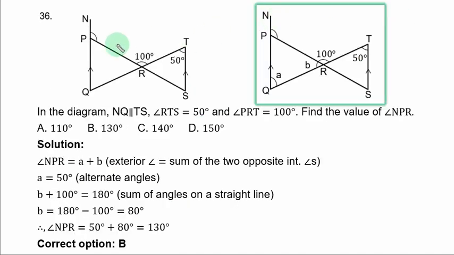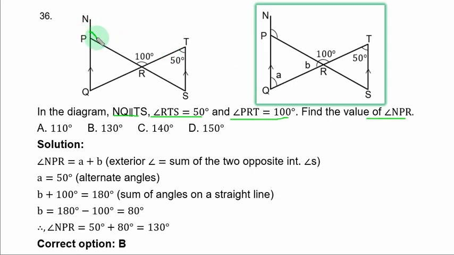Question 36. In the diagram, NQ is parallel to TS. Angle QTS is 50 degrees. Angle PQT is 100 degrees. Find the value of angle NPQ. NPQ, that is this angle.